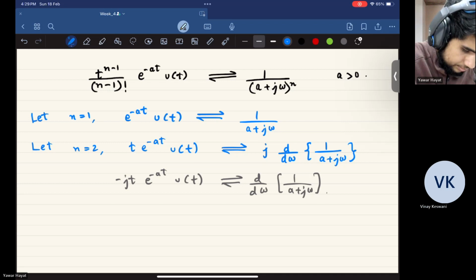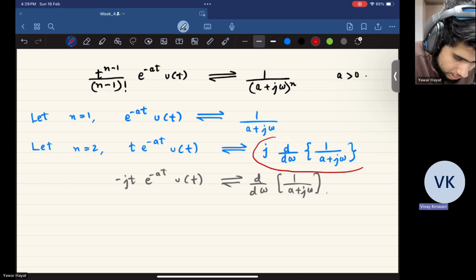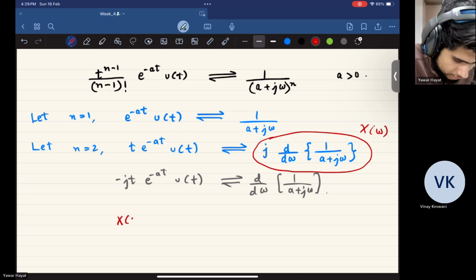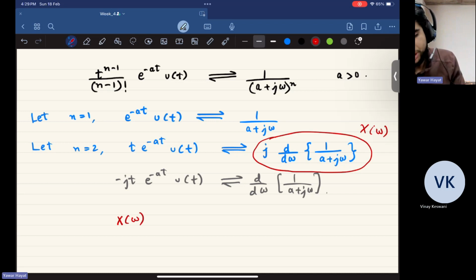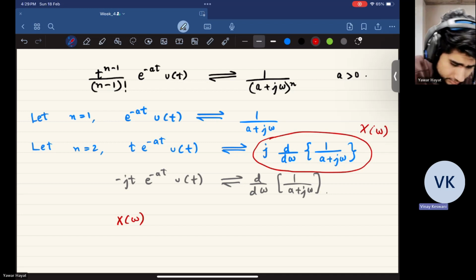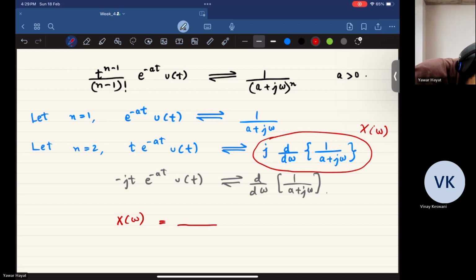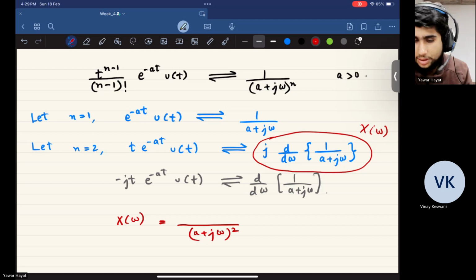Okay, so if this is x of omega, then what is d by d omega of 1 by a plus j omega?